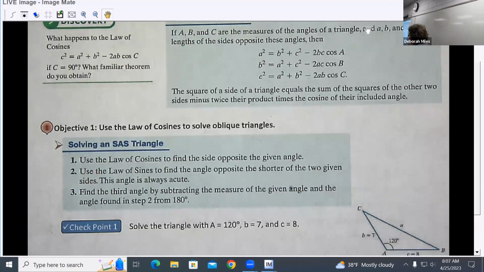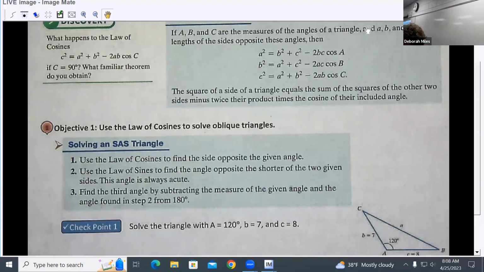So we want to be deliberate about what we find with the law of cosines to avoid that ambiguous case. We don't want to be in the situation where maybe there's one triangle, maybe there's two. If we're wise about what we find with the law of cosines, then we'll never encounter that ambiguous case in the law of sines. And I'll tell you why.